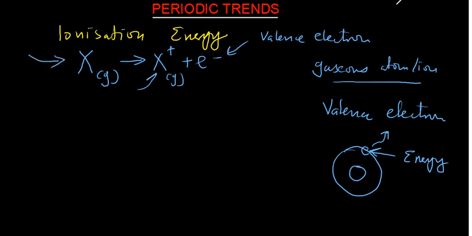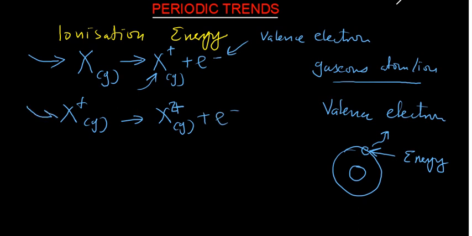Now this very ion can also lose another electron, so it becomes 2+ after losing another electron. The energy involved here is called the second ionization energy. This one can as well lose another electron in the third ionization energy, and so forth and so on.